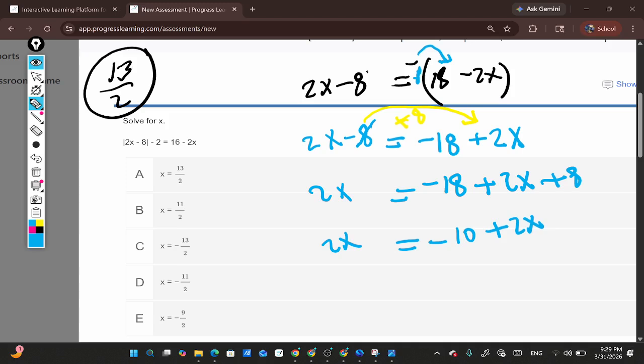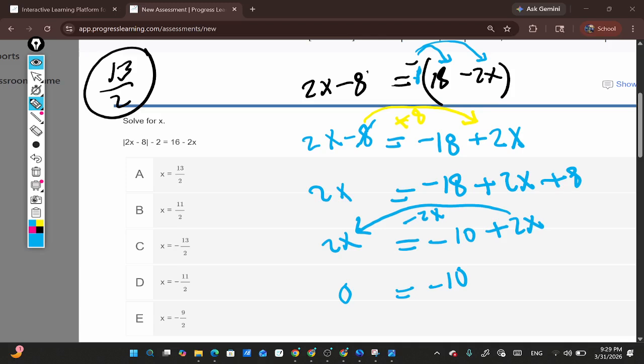Now we can move the 2x to the other side. In this case, we need to subtract 2x, so we use the subtraction property in solving equations. So we end up with 0 equal to negative 10. In this case, it is not possible for 0 to equal negative 10. So we cannot take into consideration this side of the solution, which is the negative side.